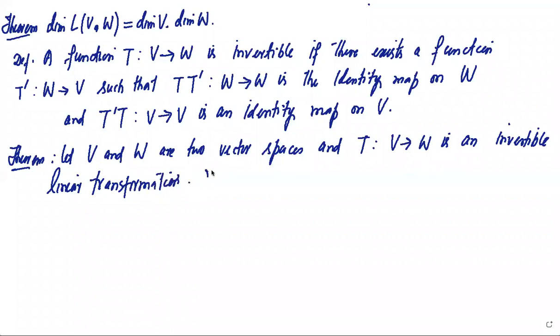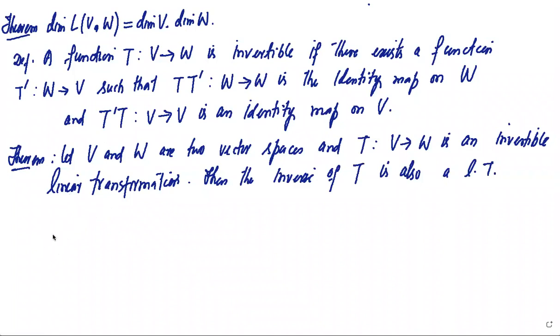Then the inverse of T is also a linear transformation. ठीक है. तो अगर हमारे पास कोई linear transformation होगी and its inverse exists, then the inverse transformation is also a linear transformation.